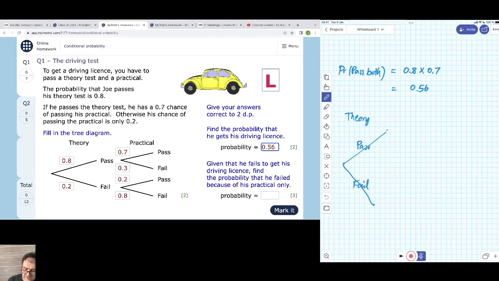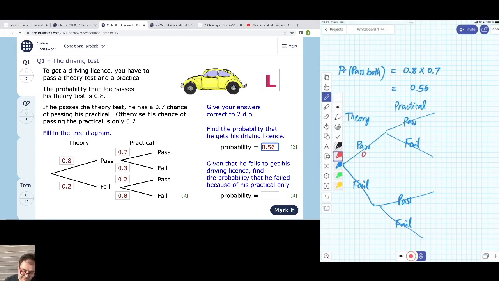And then he's got the practical, which he can either pass or fail. Normally I wouldn't draw a tree diagram from left to right. I'd normally do it from right to left.